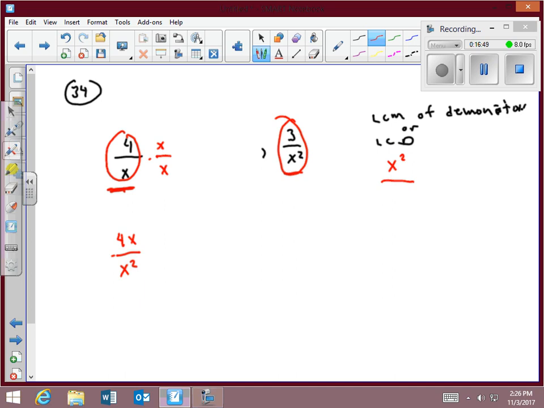And that's all you're practicing in this set. Sometimes that second one, you have to change and get the denominator to the least common denominator, and that'll come here in the next one or so.